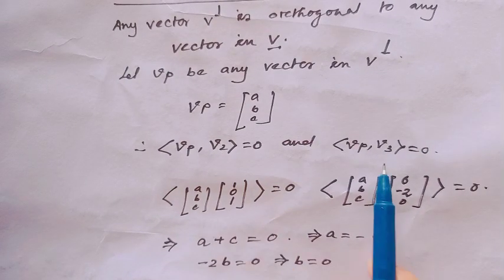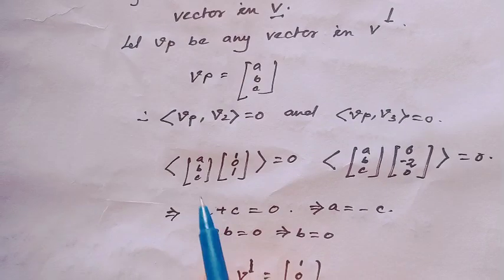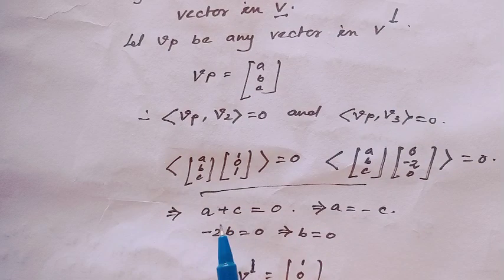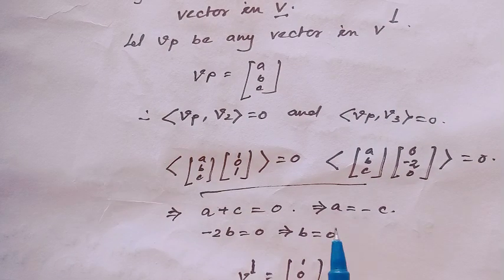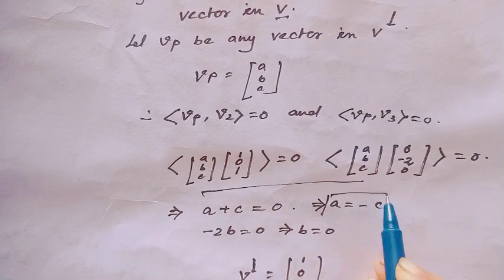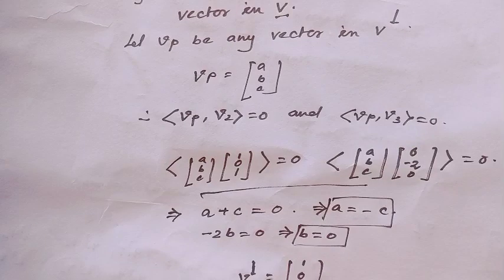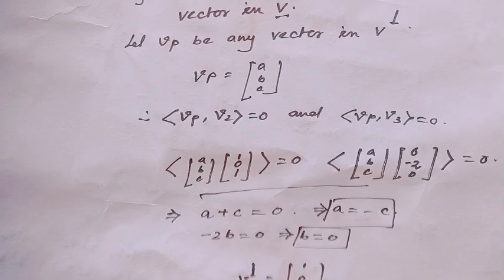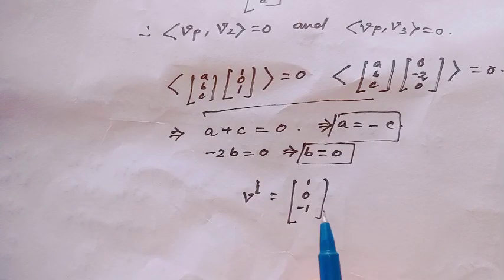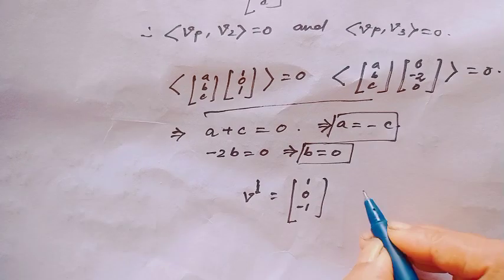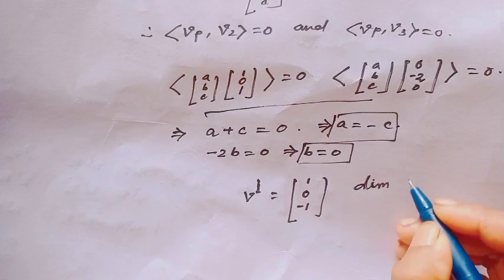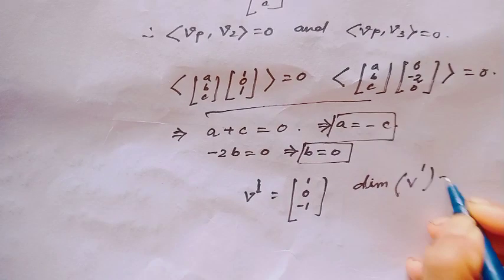Now put in the values of V2 and V3. Then by this relation A plus C equals 0, that implies A equals minus C, and minus 2B equals 0, that implies B equals 0. Therefore V bar contains the vector (1, 0, minus 1), and the dimension of V bar is 1.